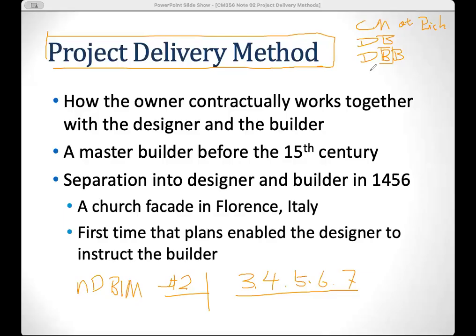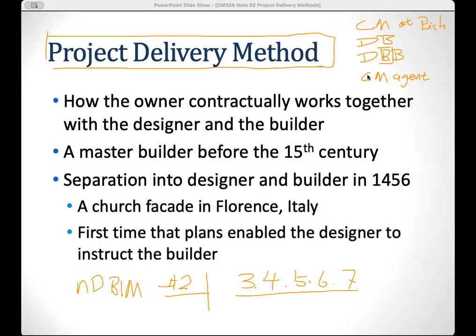Anything else? So we have the CM at risk, and we have the CM as agent, right? Is that correct? Okay, I think you caught most of them, so that is great.